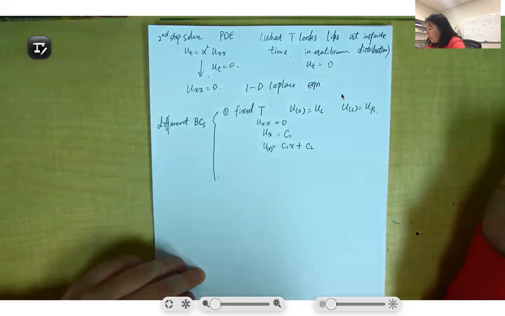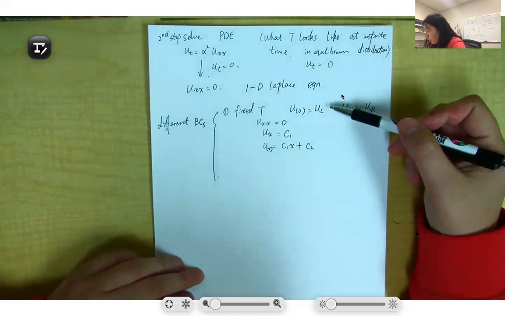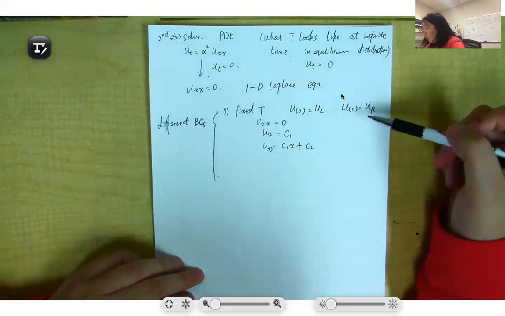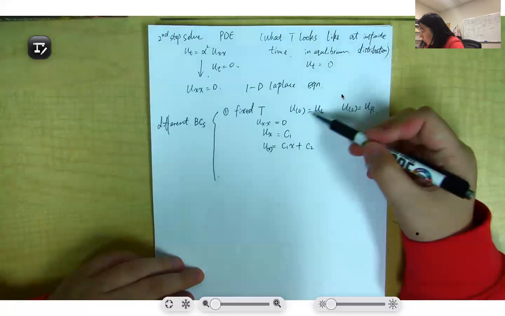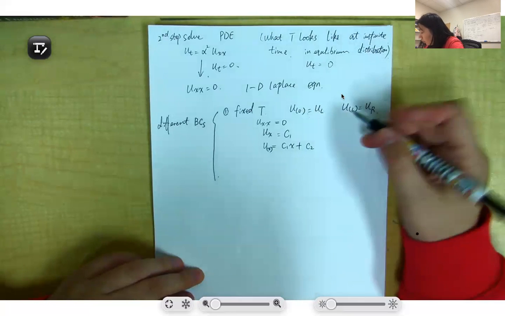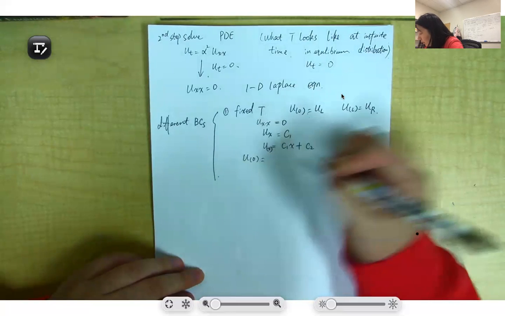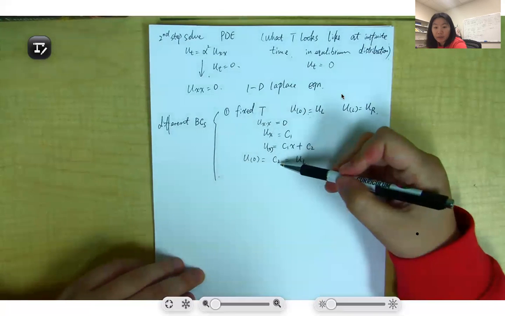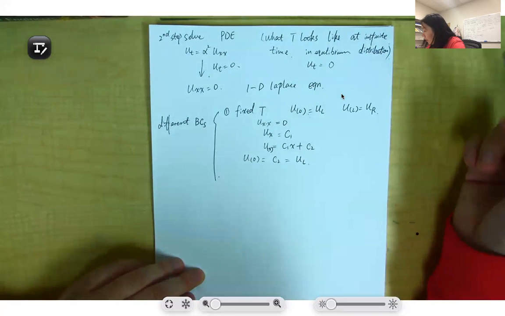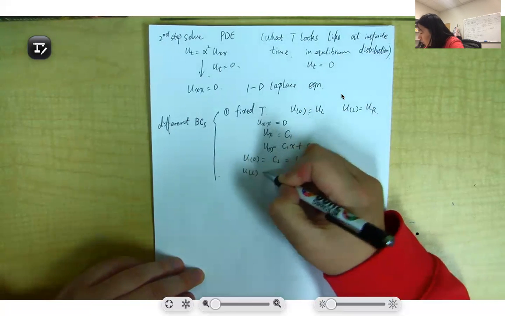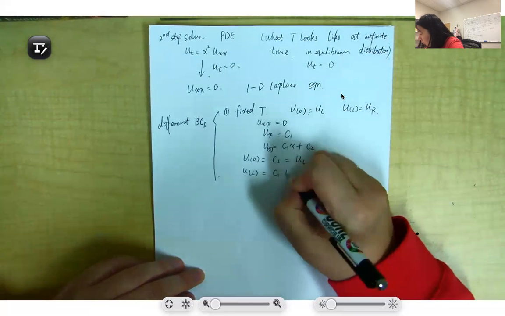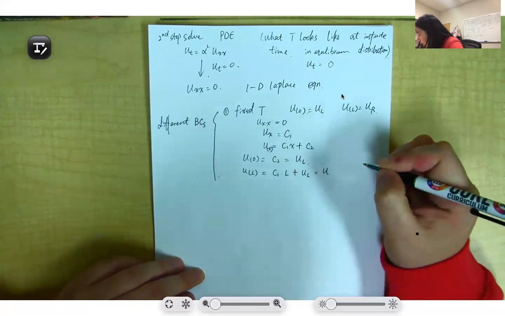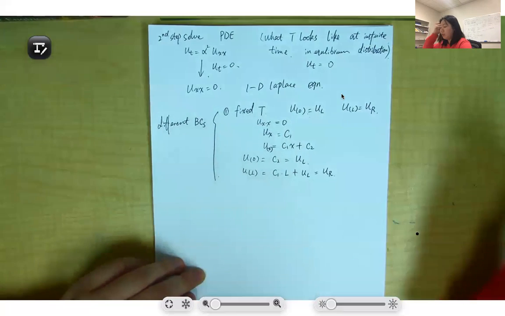Okay. Then let's put our boundary conditions in and see what C1 and C2 equal. When I have U(0) equal to UL, U(0) is equal to C2, which is equal to UL. So that is our constant. The second constant: U(L) should be equal to C1 times L plus C2, which is UL, equal to UR, the right-hand side temperature.